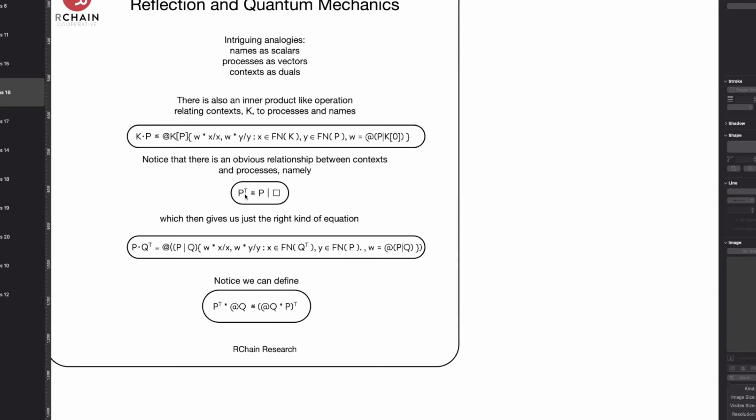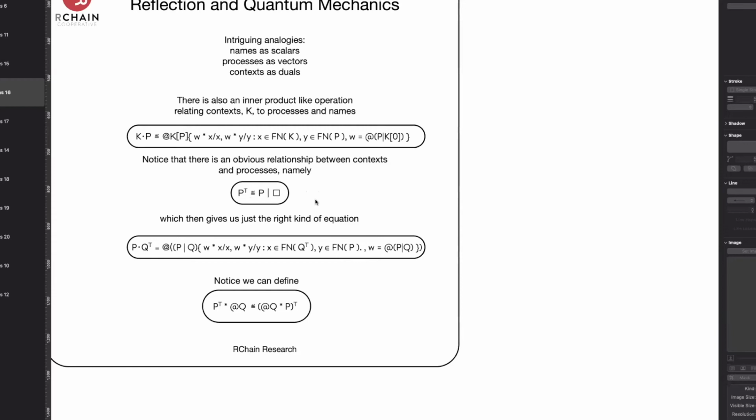So if I take a process and I turn it into a context, and now I take the context and I turn it back into a process, I should get back to P. Okay, so P, I add a hole with parallel composition, and then I put 0 in for that hole to take the dual of the dual of the context. So that's the dual of the process. Well, P par 0 is just P. So we see that the dual of the dual of the process is the process.